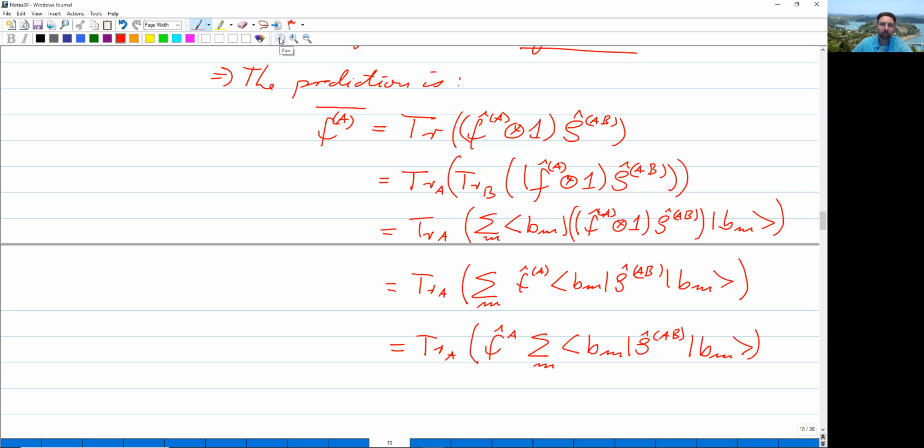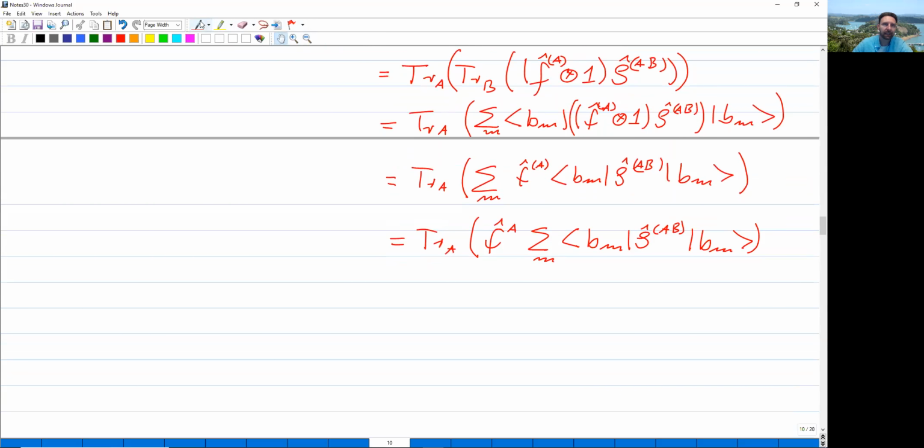Now we recognize something, namely this here is the partial trace, right? So this is equal to the trace over B of rho hat AB.